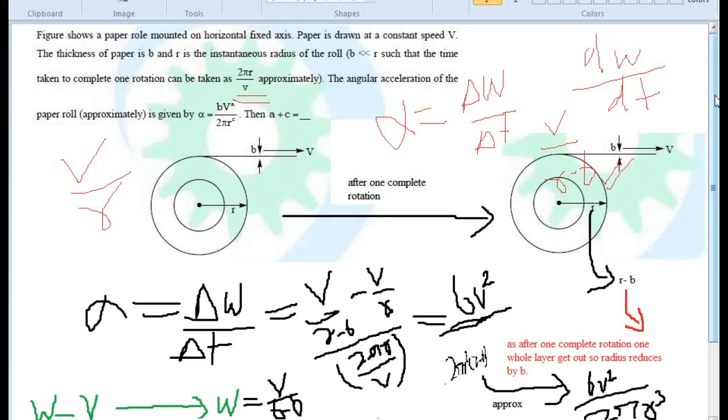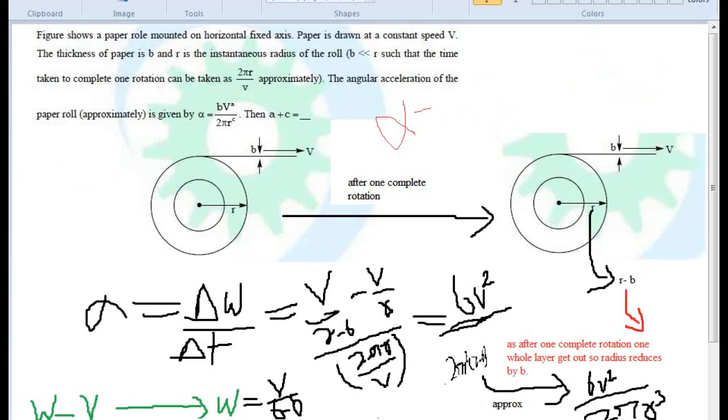And since omega remains the same, time required is equal to angle covered upon omega. And what is angle covered in one complete rotation? It's 2 pi. And omega is v by r. It remains same. Obviously we are taking this approximation only to calculate time, or else if we take it for all other instances, the angular acceleration will be 0. So as I cleared, we are going to use formula of alpha is equal to delta omega upon delta t. So we are going to take delta t as time required for one complete rotation.